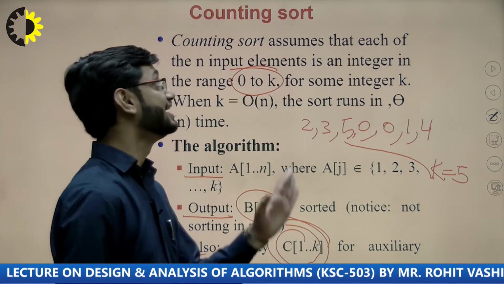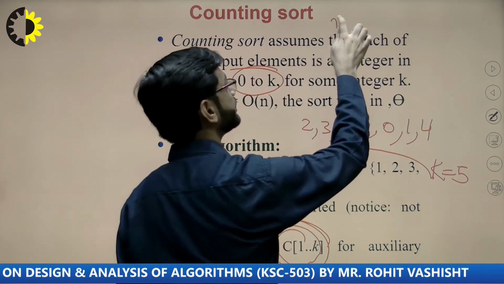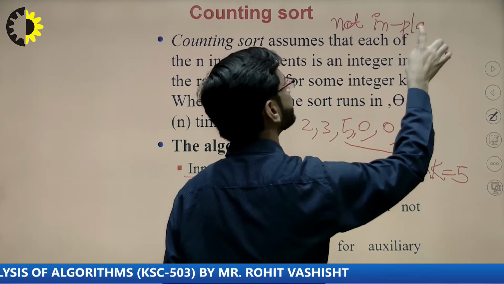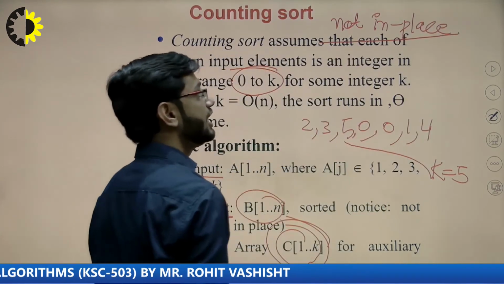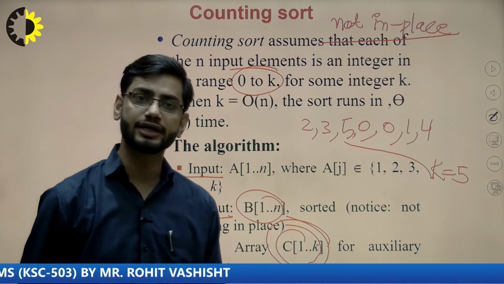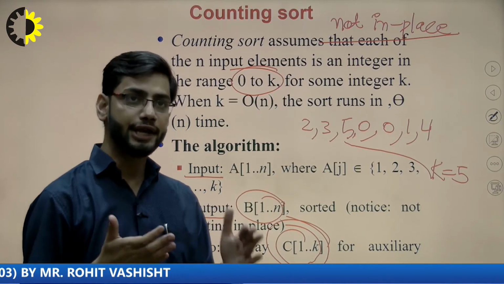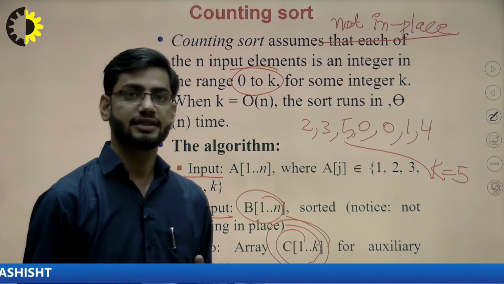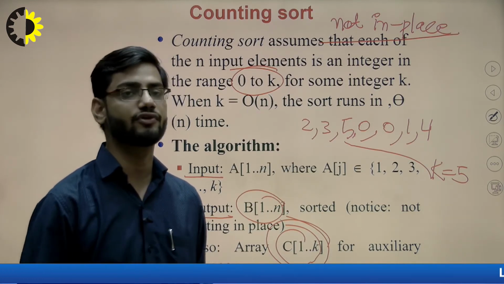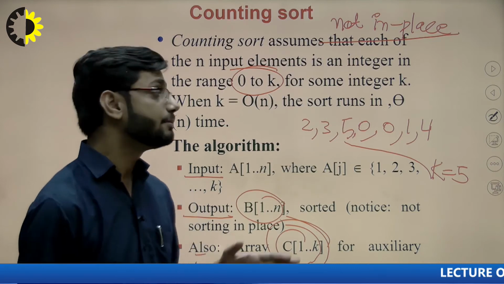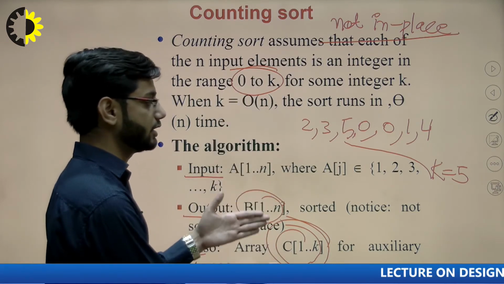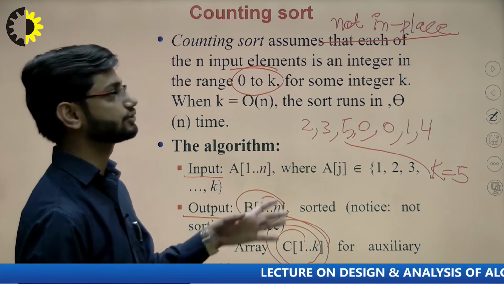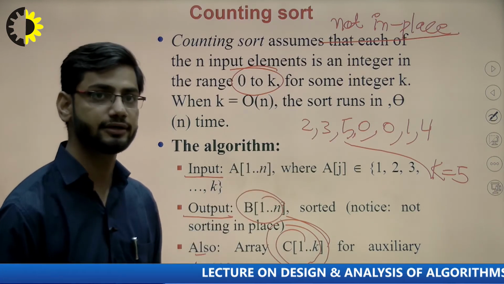That's why this algorithm is not an in-place sorting algorithm. Why? In-place sorting algorithms are those that sort the input array by just shuffling the elements within the array. They require no additional array for generating the sorted output. But counting sort requires two additional arrays, B and C, for generating the output. That's why this is not an in-place sorting algorithm.